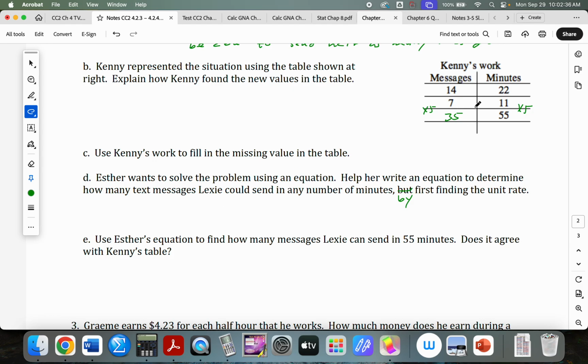It was 7 messages in 11 minutes, right? Can we do anything else with that? Can we simplify that anymore? No. So 11 messages in 7 minutes means that she can send 11/7 of a message per minute.